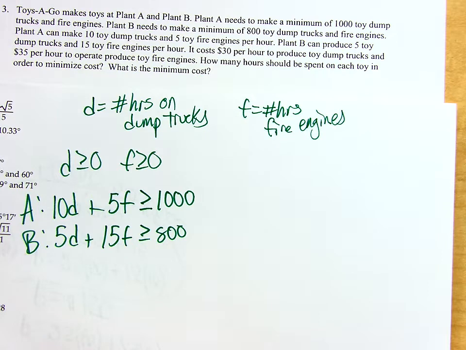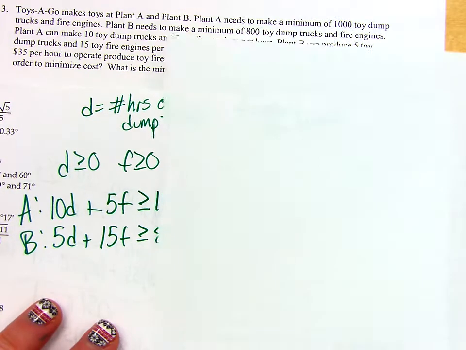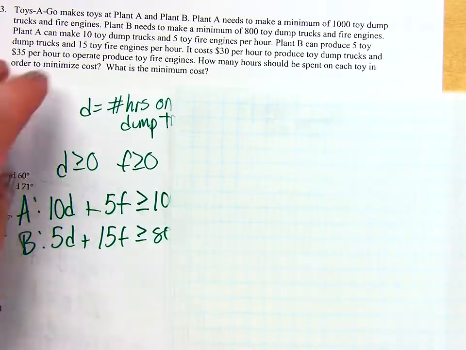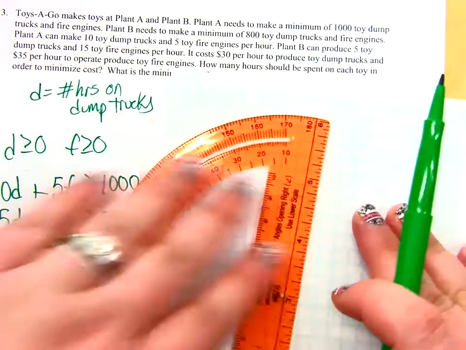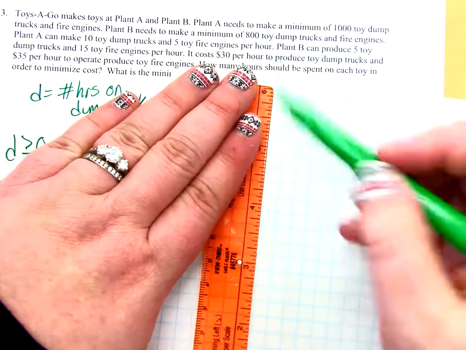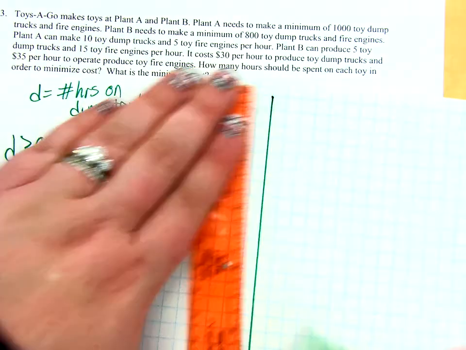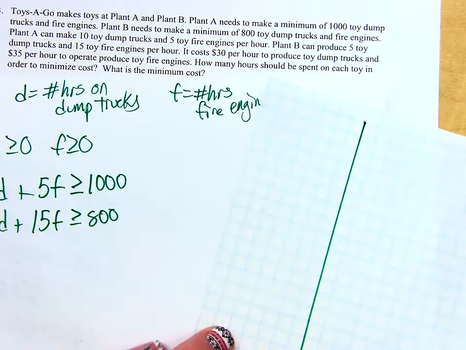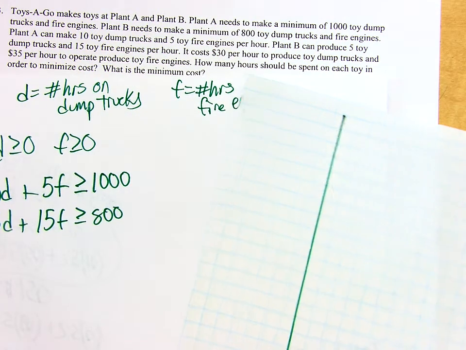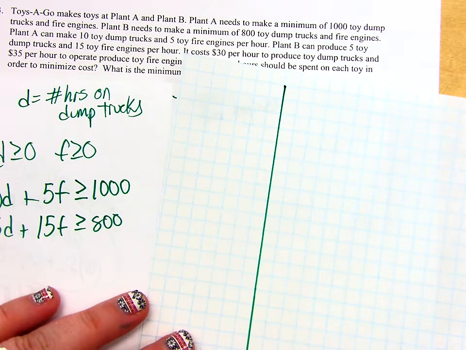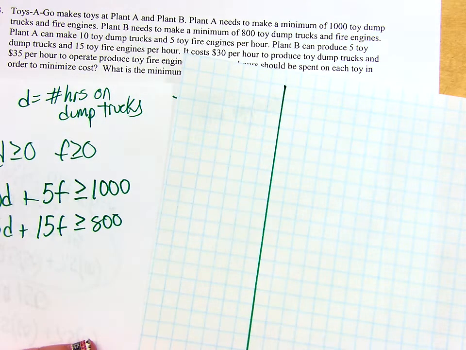Okay. I don't have a ton of time, so let's see how far we can get. I've listed all my constraints. We're going to worry about the cost when we do our objective function. We'll go ahead and graph these. So on one side, let's see how far we can get.